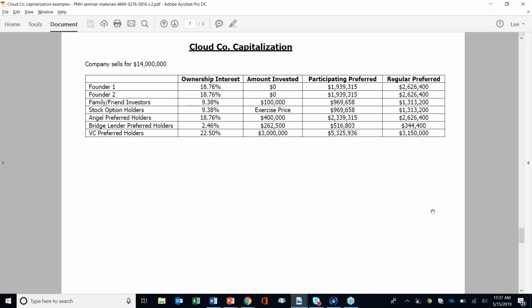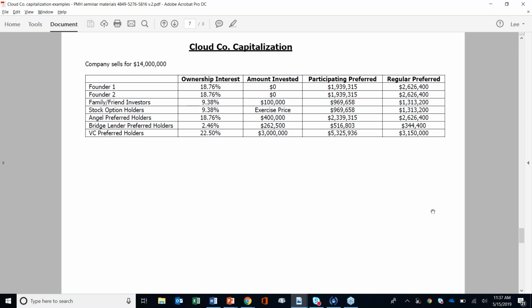So we talked about participating preferred. There's other types of participating preferred, like 2x participating preferred, which means they get double their money back and participate. I haven't run calculations like that, but occasionally you see things like that. As a founder, you're saying we're going to grow this company substantially, we're all going to make a lot of money.